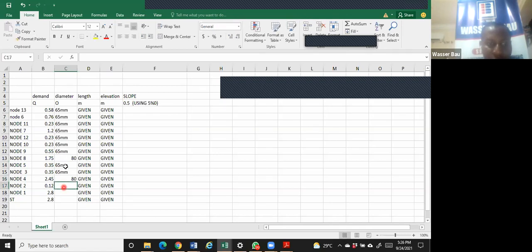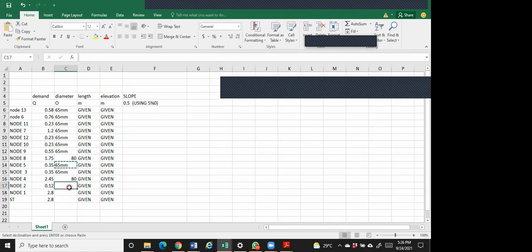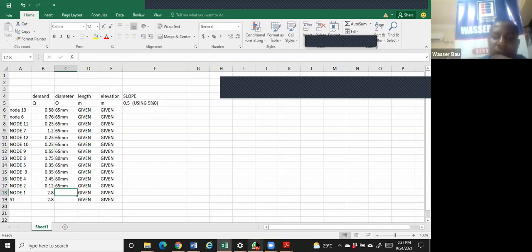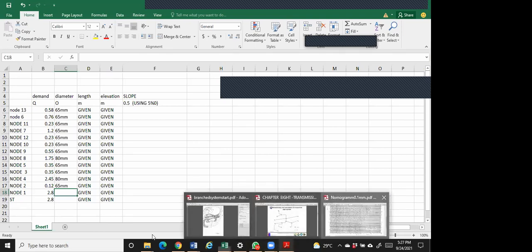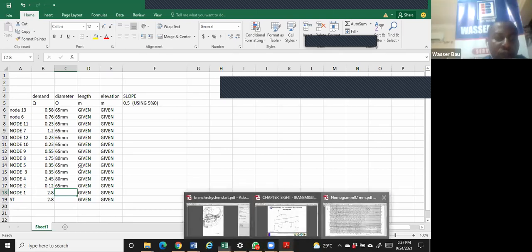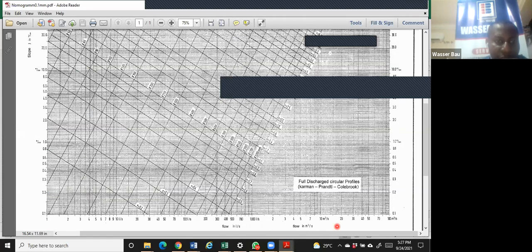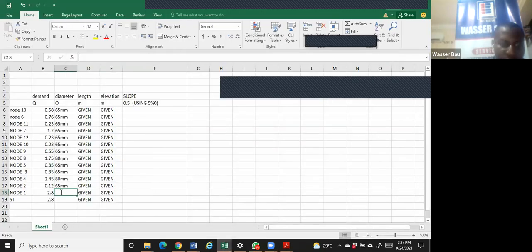This one remains. Then 2.8 is almost close to 3, so let me just use 3. 3 against 5 per mil is somewhere between 80 and 100. I will choose 100. So here will be 100 mm.